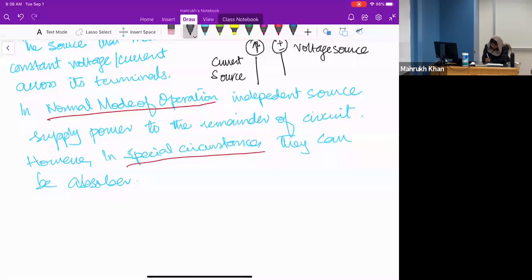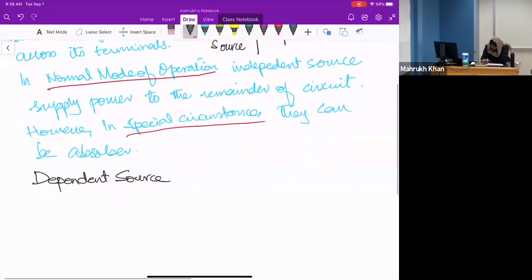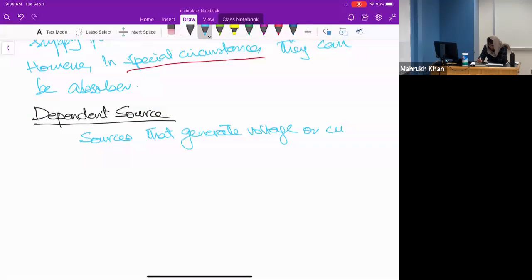What is dependent source? Sources that generate voltage or current that is determined by some other thing.